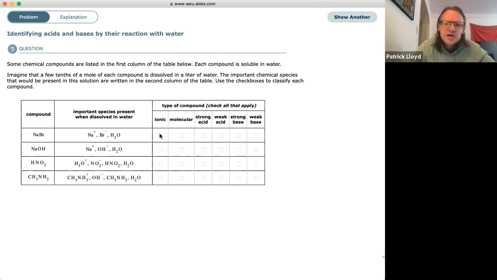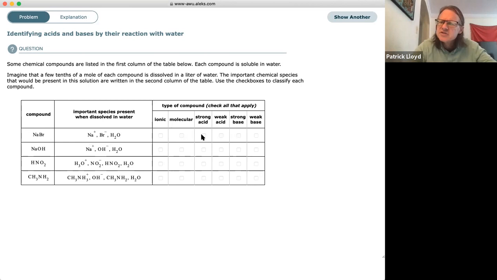That's pretty straightforward. The question is, is it an acid or a base? Well, there's no H plus in there. There's no H3O plus in there. Remember, H plus and H3O plus, we use them interchangeably. There's nothing like that, so it's not an acid. There's no OH minus, so it's not a base.